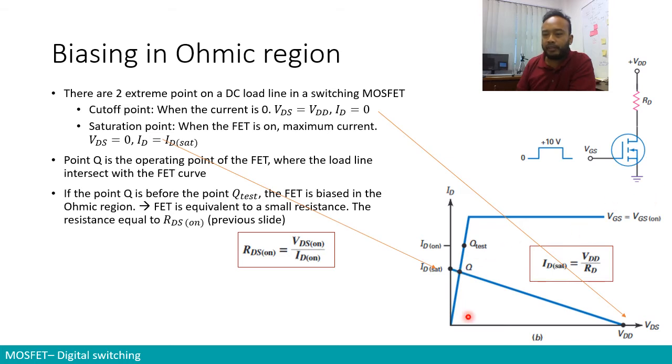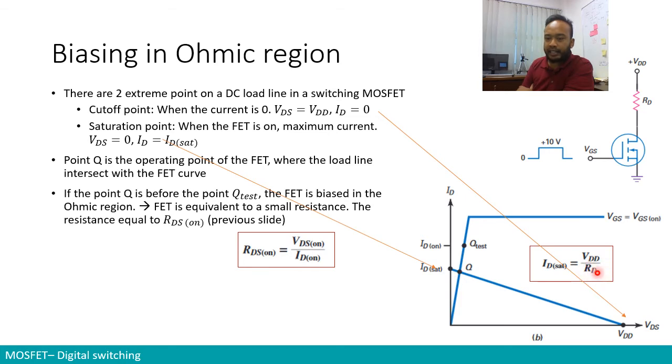Therefore, when we are operating at this point, we're going to have a certain value of VDS and a certain value of saturation current. And we can see that this point Q depends on the form of the load line. And the load line basically starts at VDD, it ends at the saturation current, and the saturation current depends on RD.